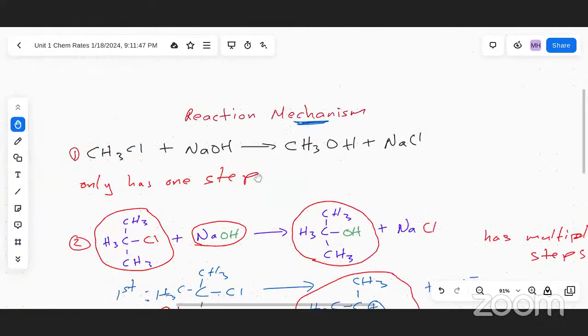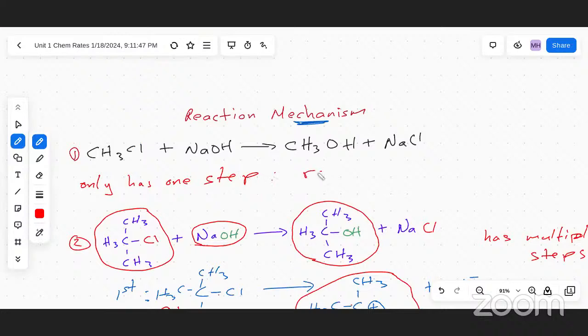But because this one only has one step, the rate is equal to K times CH3Cl times NaOH. What that means is, because it only has one step, both of them are in the rate determining step.